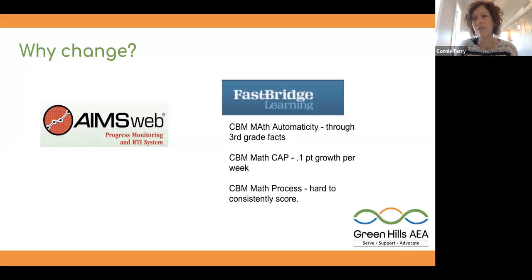And we're seeing it's not very sensitive to growth. Students are only expected to grow about 1/10 of a point per week. And then the CBM process might be a good match, but teachers are having a hard time getting certified, and it's really difficult to score consistently. And so those are some of the limitations that are there. If you're finding your way around them, that's fine. We're just trying to offer another solution.